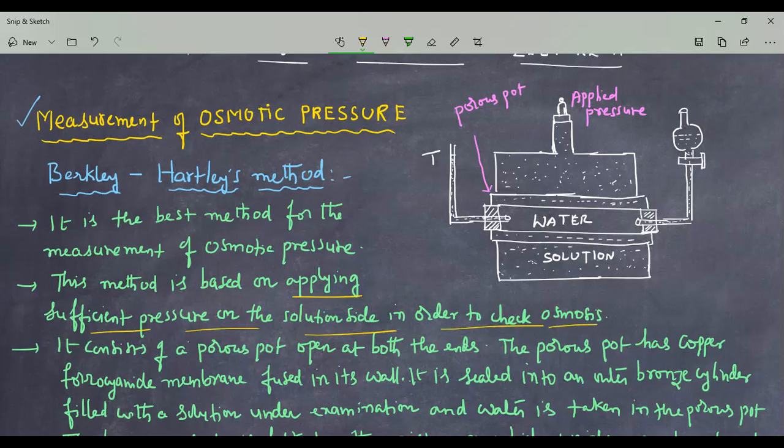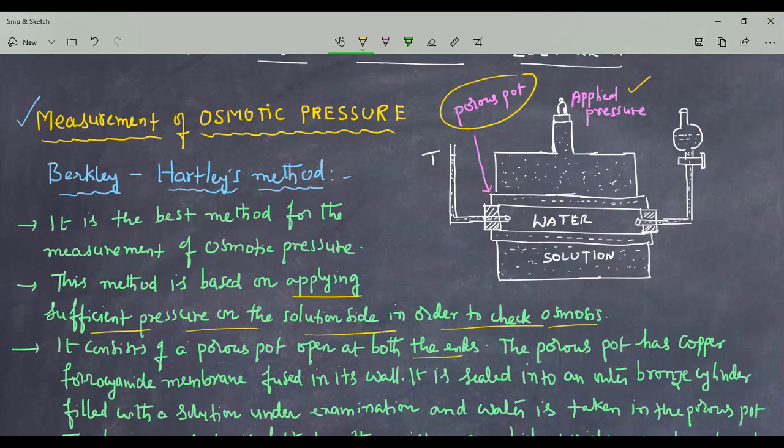So here in this picture, there is applied pressure over the solution, and there are two sides, left side and right side, and some levels of the solutions are shown here, and it consists of a porous pot.